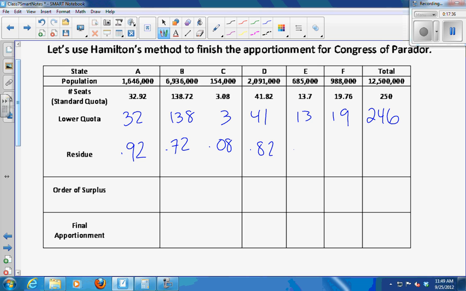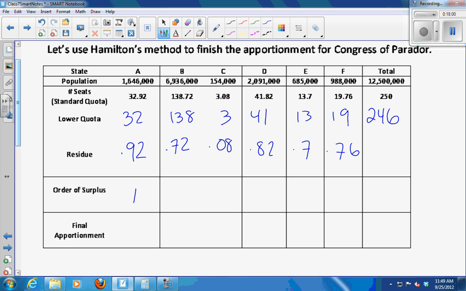So you do the .92 there? Yeah, the .92 is going to get an extra seat. They get the first extra seat. You round it down. When I add up all this, 32 plus 138 plus 3, etc., I get 246.